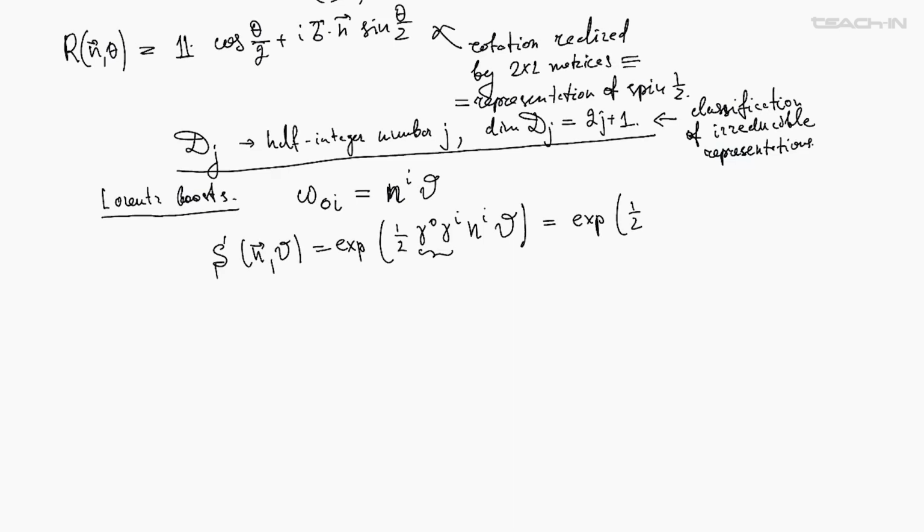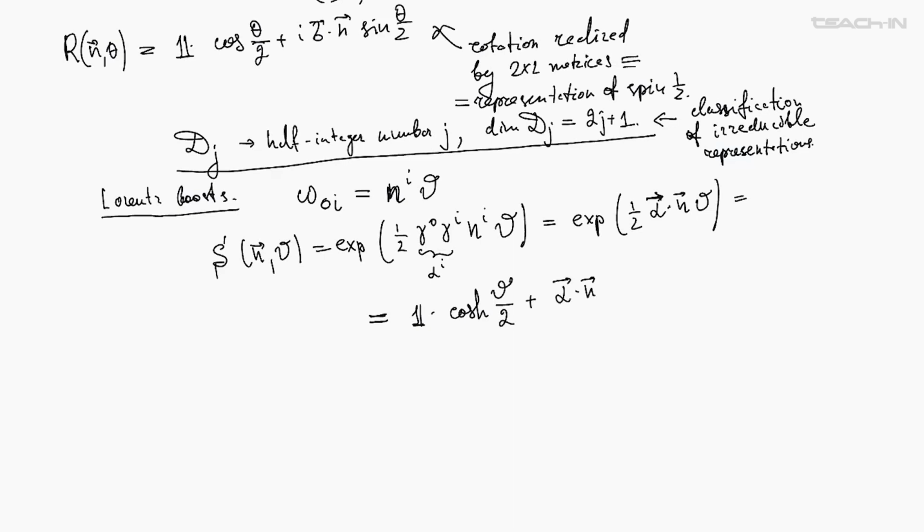So you have 1/2 alpha_i n_i, which you can write as a concise product of two vectors, alpha and n, where alpha in fact is a triple of matrices, multiplied by vartheta. And this again you can explicitly compute and find the following expression: 1 multiplied by hyperbolic cosine, cosh(vartheta/2), plus alpha multiplied with n and sinh(vartheta/2).